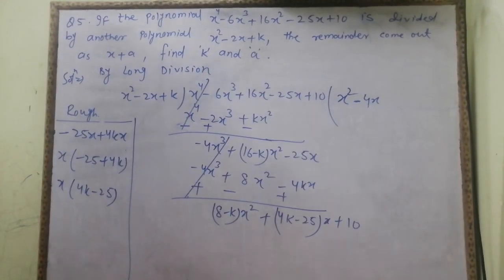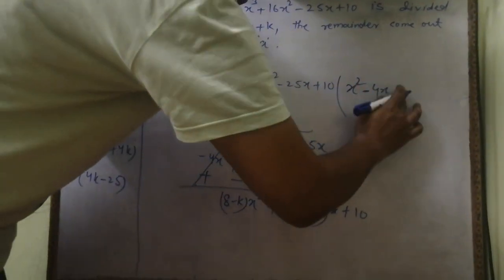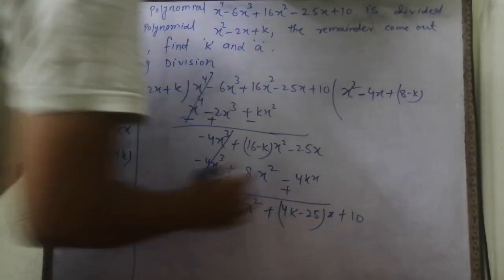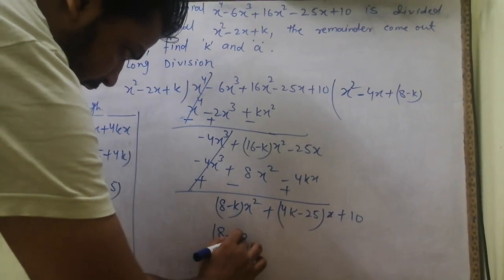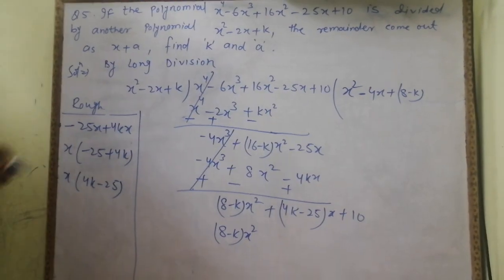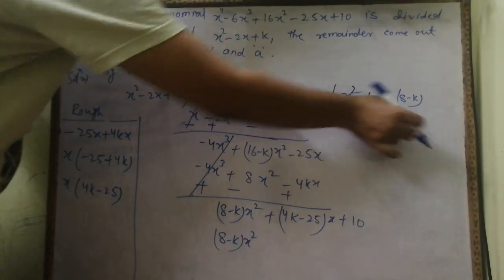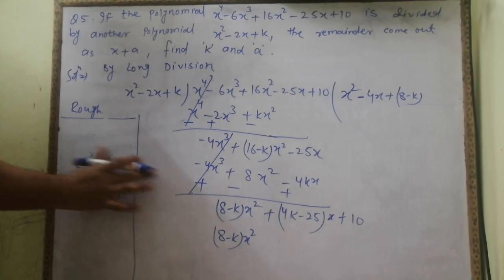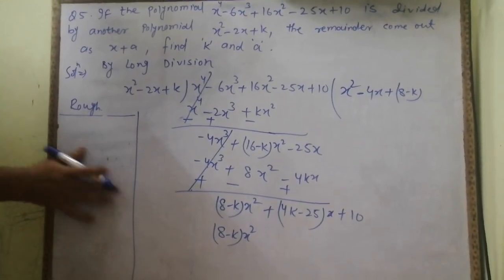Again you have to multiply this by 8 minus k, so write 8 minus k. The first one will be 8 minus k under bracket x square. Since we are unable to multiply directly, we will multiply both terms in rough process and write the result here.